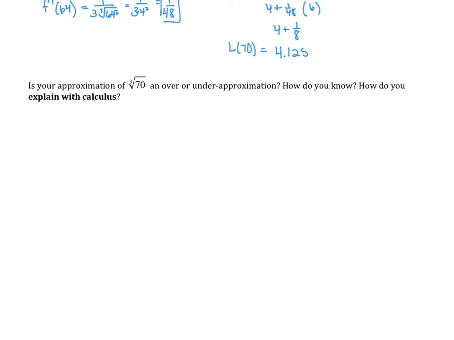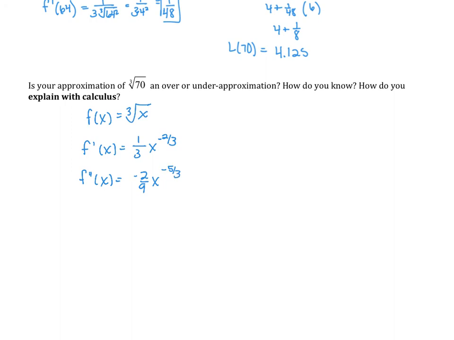With calculus, we need to know whether we have a concave up or concave down graph. My original function f of x is the cube root function, and my first derivative is 1/3 x to the negative 2/3. The second derivative of this would be negative 2/9 x to the negative 5/3.